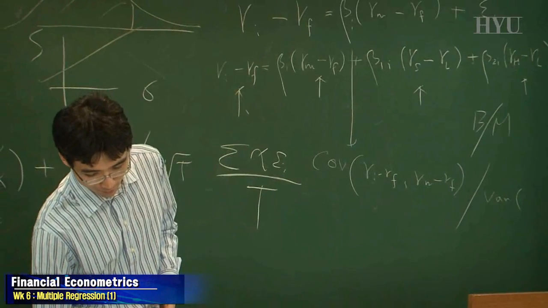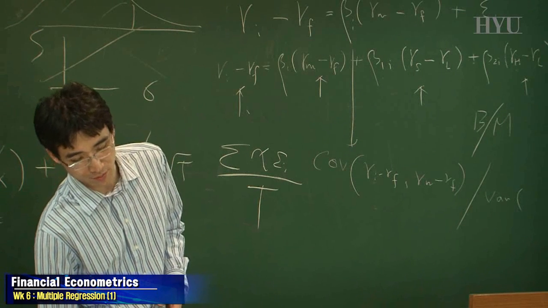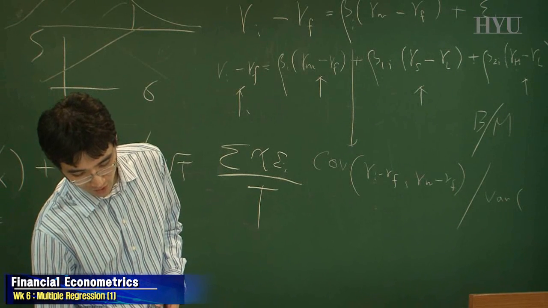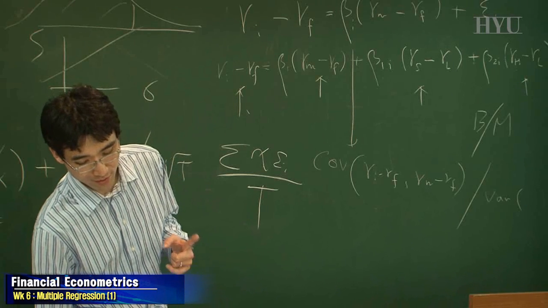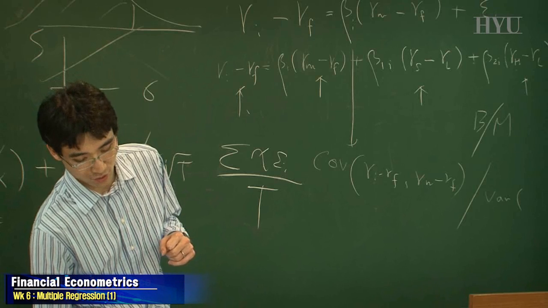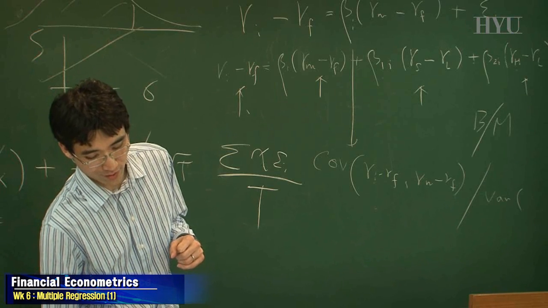Note that the variance of beta i is the ith diagonal term of this matrix, which is not always the same as this one.